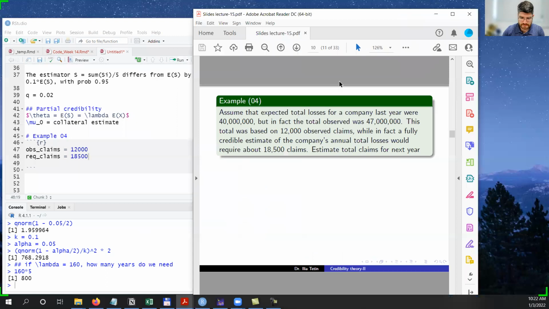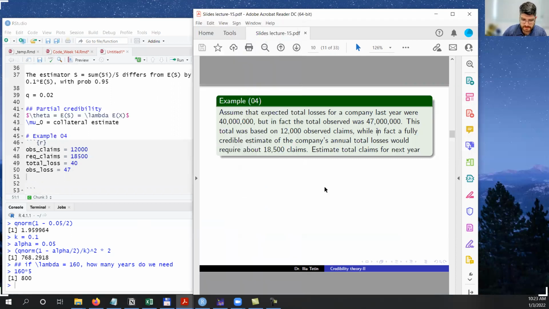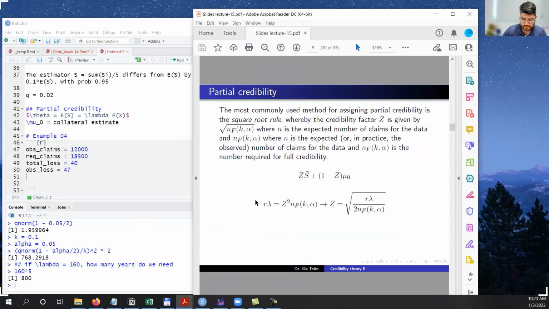Okay, and we have 40 and 47 of the total losses. These are 40 and, let's say, observed was 47. Okay, so we have all the information to place inside this kind of formula, Z S plus 1 minus Z mu.